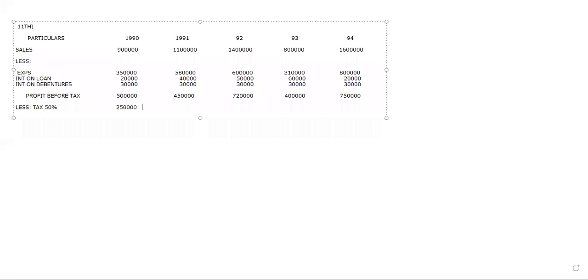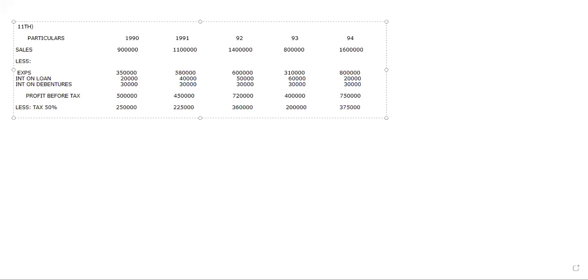Half of 4,50,000 is 2,25,000. Next, half of 7,20,000 is 3,60,000. Next, this is 2 lakhs. Next, 3,75,000.